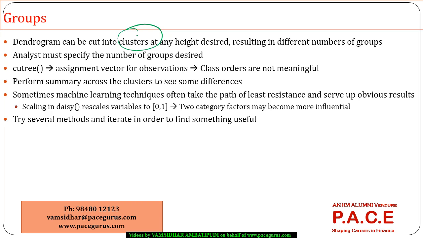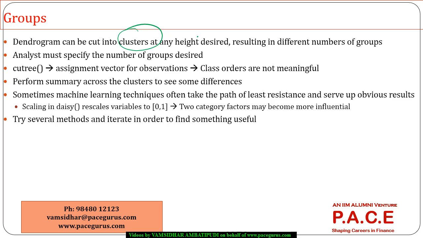If I want, I'll cut it at 50%, 60%, whatever it is. Based on the desired level of cutting, it can split the data into n number of clusters. This is where I can recreate my clusters.